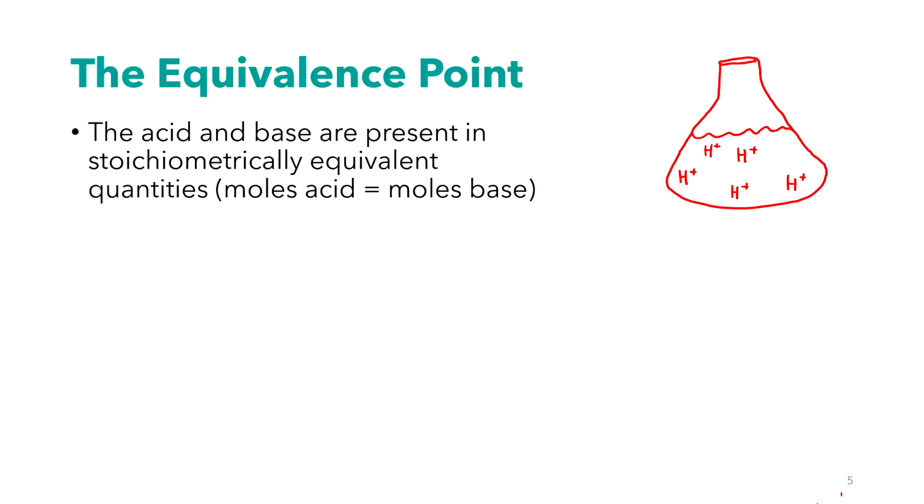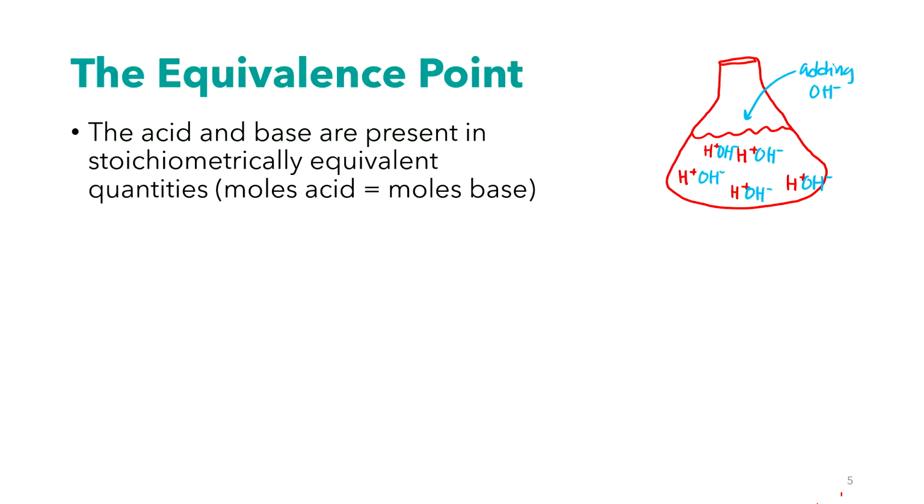So I'm going to add in OH-, and I know how much OH- I'm adding in. The equivalence point is when I've added in the exact amount, and they're all matched up. If it was a strong acid and strong base, now I have neutralized all the H+ with OH-. I've just made water, and this should be neutral, at a pH of 7.